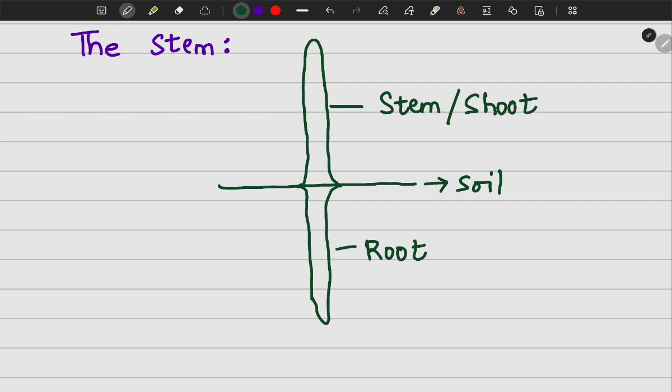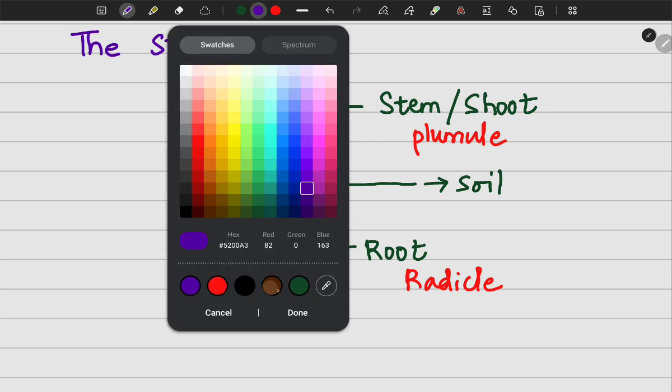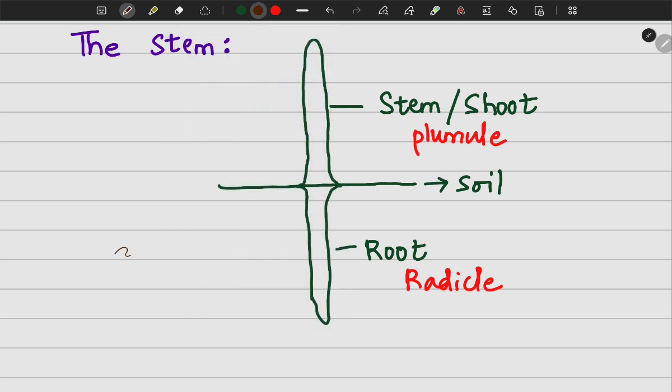Now, we also remember that the stem develops from the plumule of the embryo. When we studied about the root, we saw that the root developed from the radicle of the embryo. So, let us revise one more time. If this is an embryo of a dicot, these are the two cotyledons.